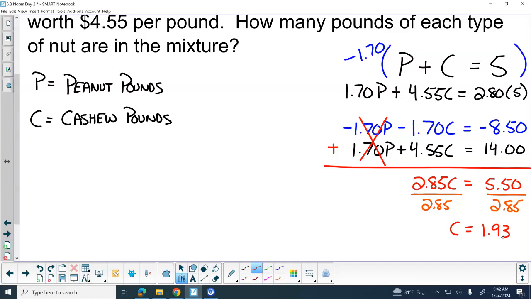So cashews are at 1.93 pounds. If cashews are at 1.93 pounds, how many pounds of peanuts are in the mix? Subtract that from 5. 3.07.